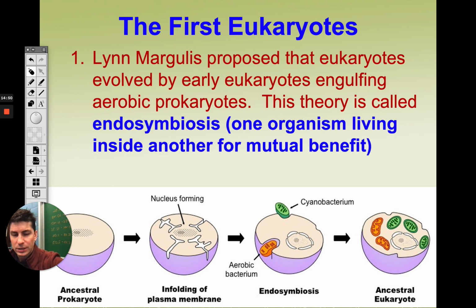If you remember, we talked about endosymbiosis a while ago in the endosymbiotic theory, which stated that the mitochondria for us, for animal cells, was engulfed. And for plant cells, it was the mitochondria and the chloroplast, both of them. And the chloroplast goes through photosynthesis, if you remember, which is why plants have the chloroplast. But both of these were prokaryotic cells, the mitochondria and the chloroplast.